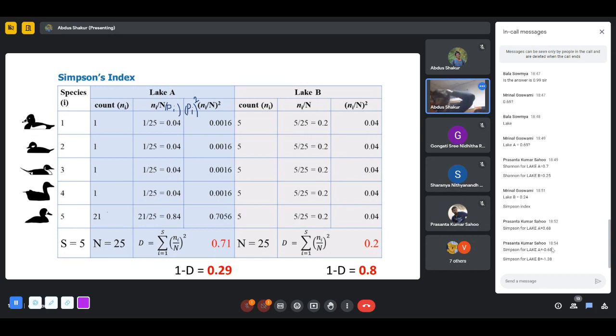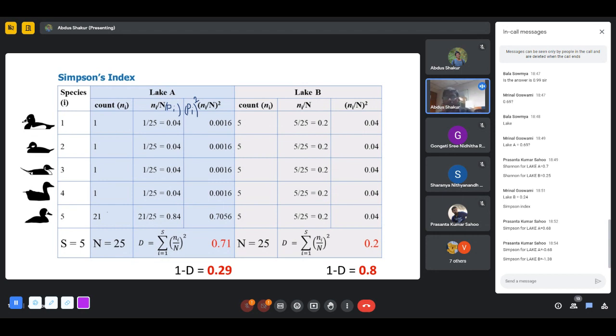I'm not sure. Okay, Simpson 0.68, you were saying. Okay, that's close. And even Mrinal said 0.69, which is close, which is also the actual value. Here, if you do it with 24, you will also get the same value.